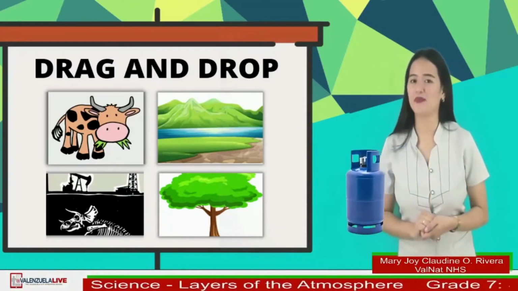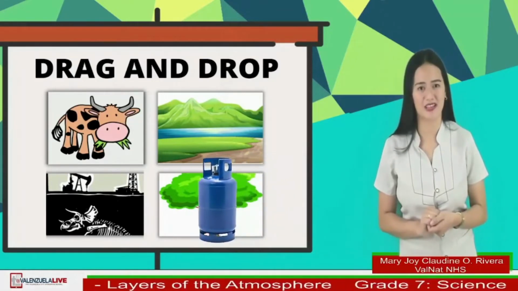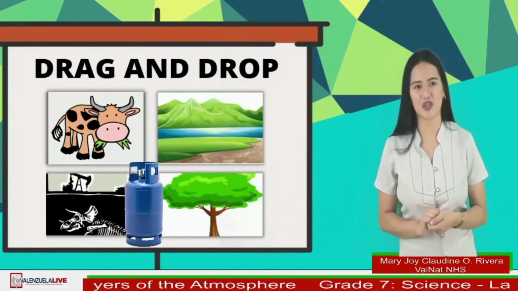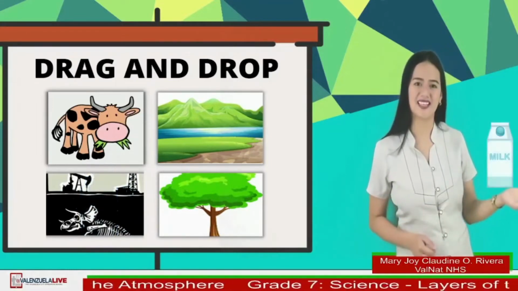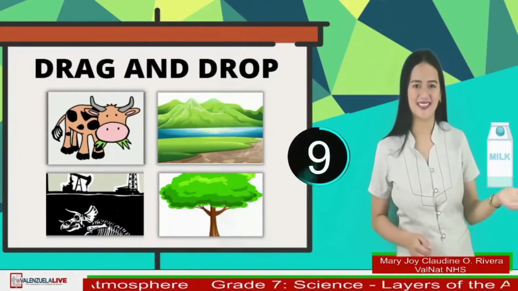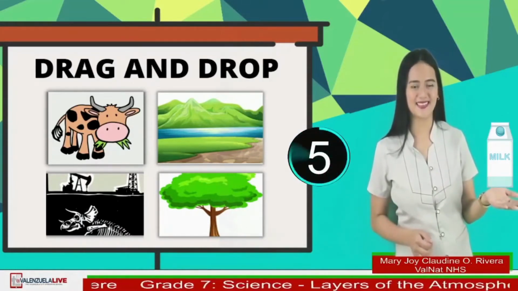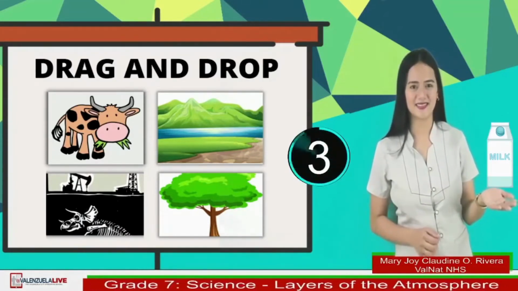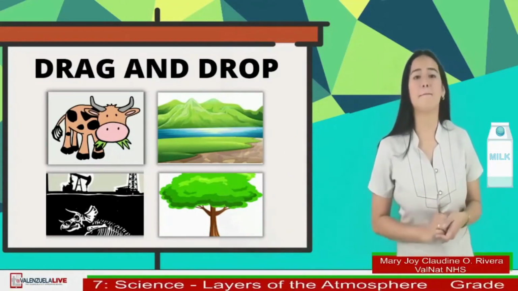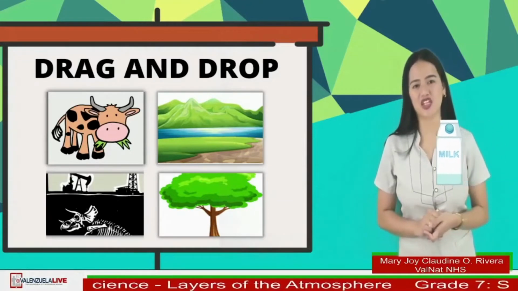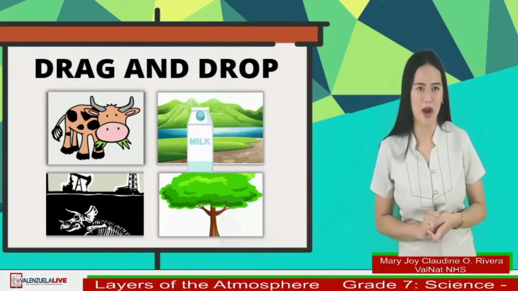Liquefied petroleum gas, or LPG, is a fossil fuel extracted from crude oil and natural gas. Next in line is the milk. Okay, great! Milk is a nutrient-rich liquid food produced by the mammary glands of mammals.